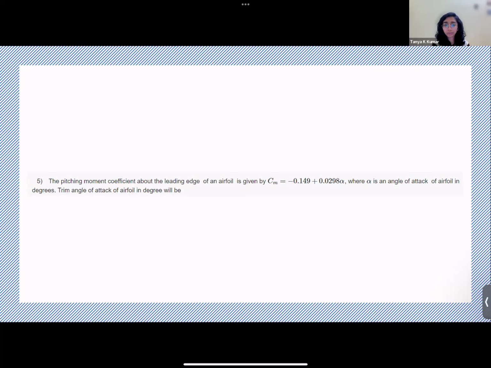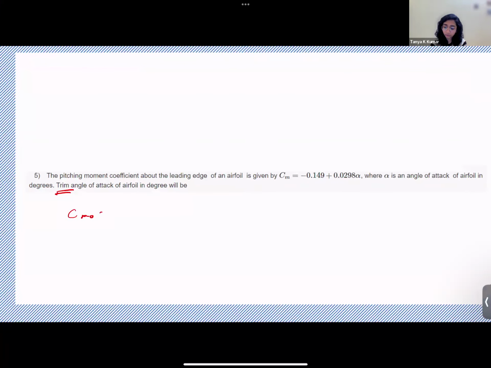Could you do this? What is trim? Making CM not zero, where the summation of forces and moments are zero. Correct. So if I make CM zero, what is the angle of attack? CM equal to zero.